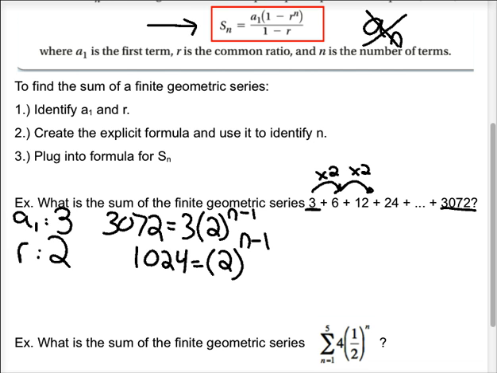Well, 2 to the 7 is only 128. 2 to the 8th power is only 256. 2 to the 9th is 512. 2 to the 10. There. That is what we are looking for. So 1024 is actually 2 to the 10th power.